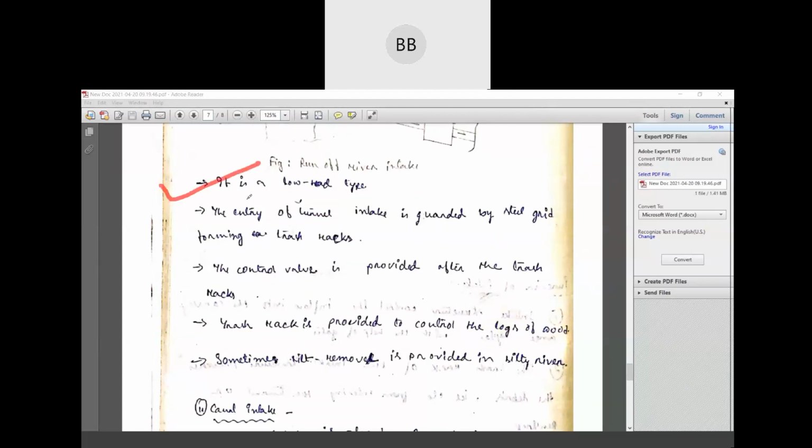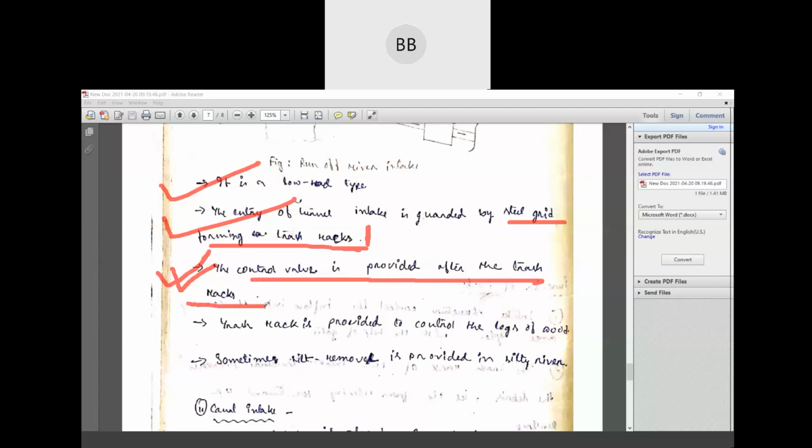The first point you already wrote, that is low head type. Second, we are going to install the steel grid forming crest rack. Then third point, we are going to provide the control valve after the crest rack. Fourth, crest rack is provided to control logs of wood, or you can write debris also.